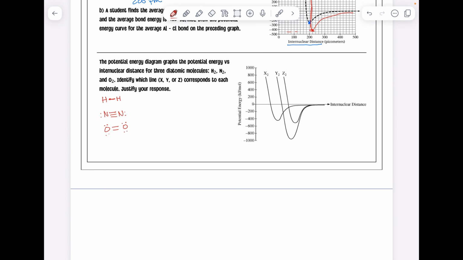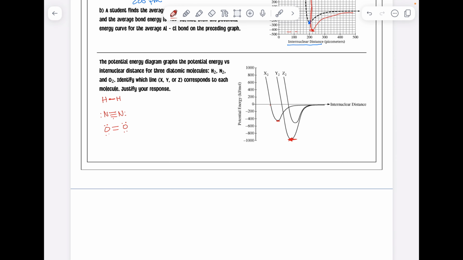Well, usually you'd say, okay, the triple bond has the shortest distance, but notice here that the shortest distance actually has the lowest energy. But a triple bond, we know, has the highest energy. So is it this one or is it this one?